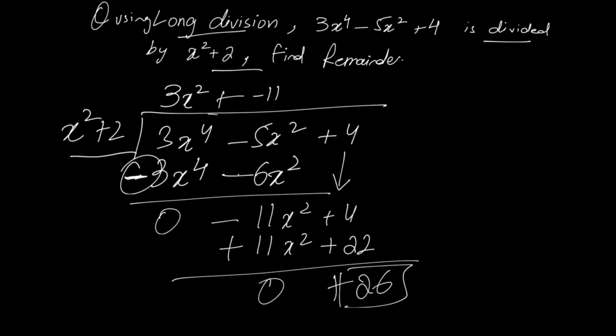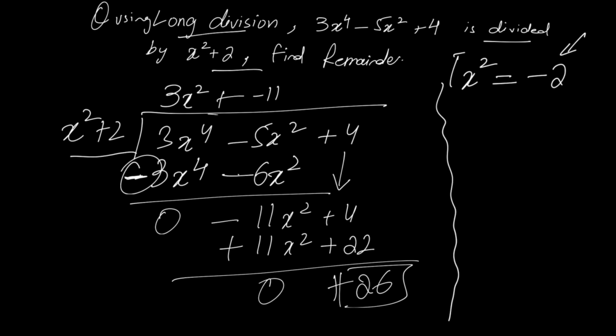Okay, so if we do it with the method we were doing before, we can take x squared as minus 2. But if we put a square root on both sides, we can't put a square root on something which is negative. So we will just take x squared as minus 2 and put it into the equation, because in this equation we can put it like that.